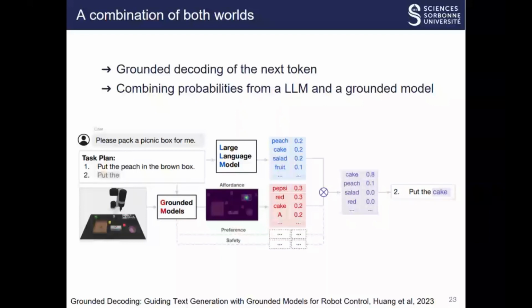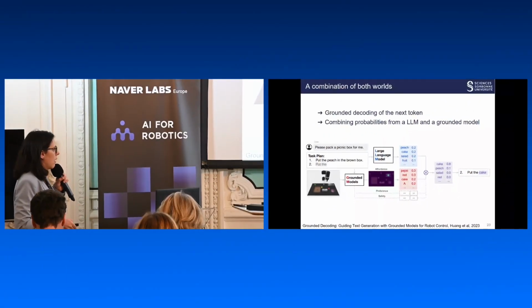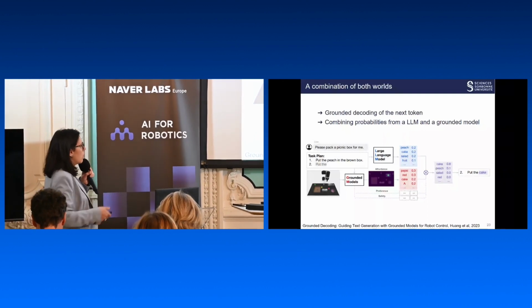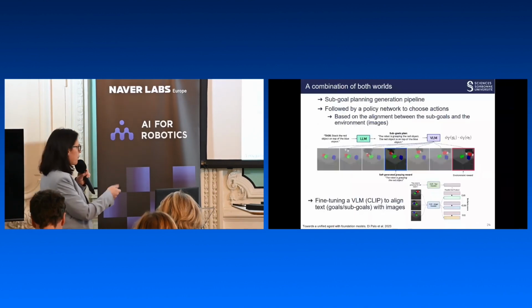And the objective is to provide the probability of different tokens according to this multimodal context. And these probabilities are also combined with the probability provided by an LLM as in the previous work, but here you have a large language model rather than just a vision model.